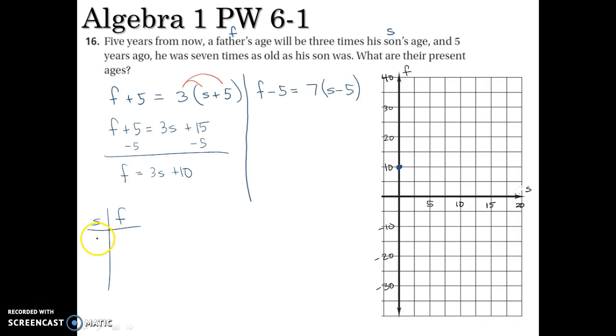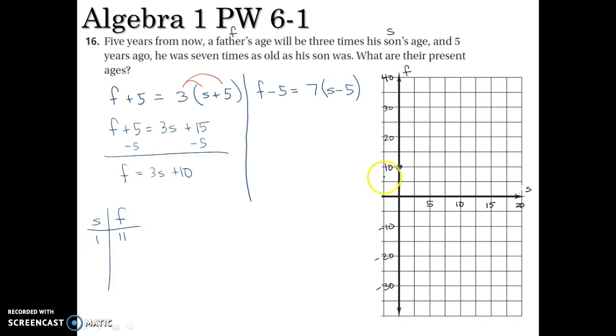Like I said, if I put in a 1 for S, so when the son was 1 year old, I would get 3 times 1 plus 10, that'll be 11. Is 1, 11 a very helpful point for me to put on here? Not really, because I don't have a perfect idea of where that is.